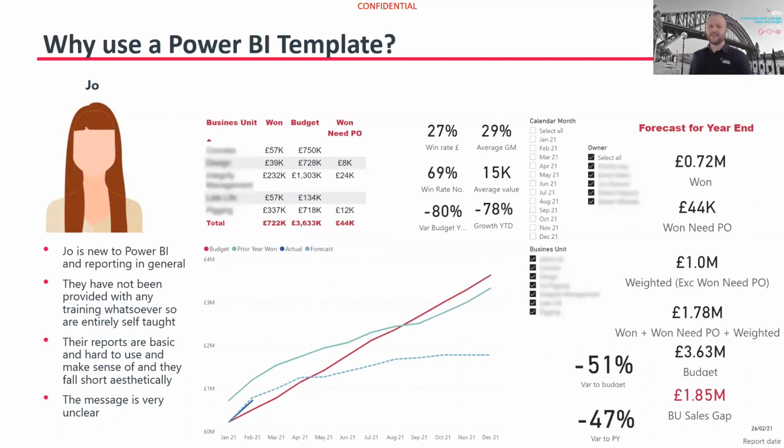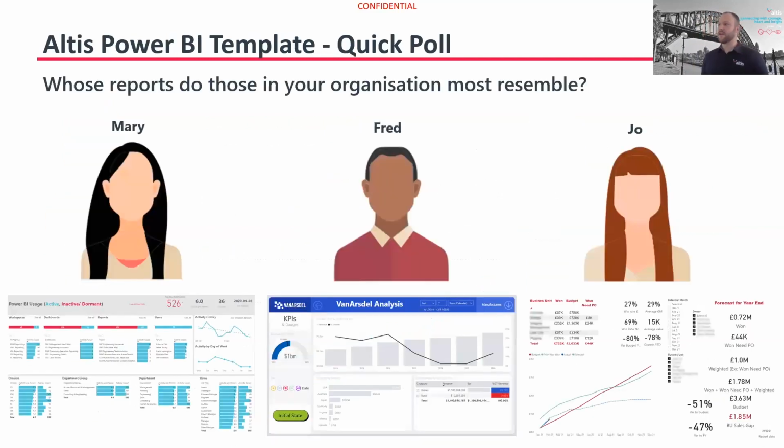I think there's a few classic things. I'm sure you'll see them straight up. The selectors just being stuck in the middle of the page there, and just loads of numbers, and no real direction or story being told there. So there's our team that have gone out and built some reports for us, which is great, but it's interesting to see the difference in all of them.